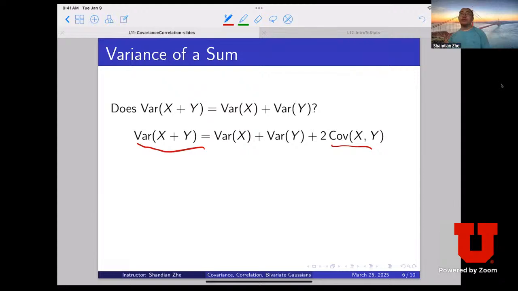So that's the conclusion when you do the variance over the addition of 2 random variables. And it's a very important formula. When you calculate the variance of the sum, you need to not only consider the individual variances, but also the covariance.